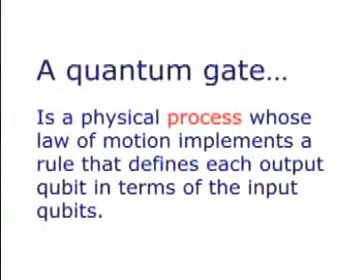But speaking more precisely, the computational gate is not the object that makes the process happen, but the dynamical process itself that's undergone by the qubit or qubits that physically realizes a rule that defines each output in terms of the inputs and nothing else.